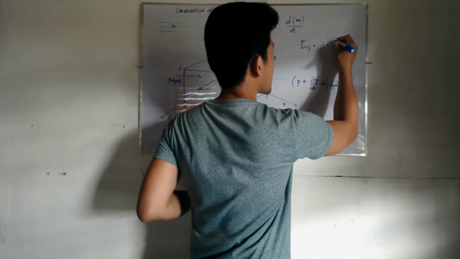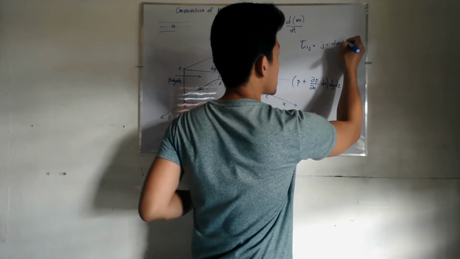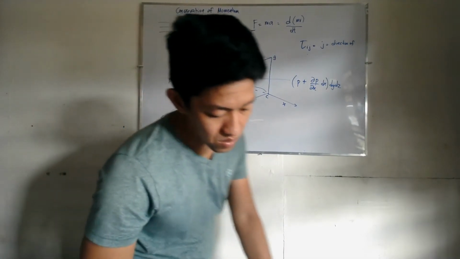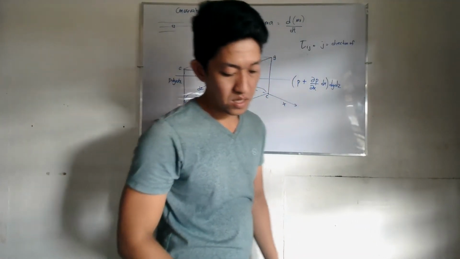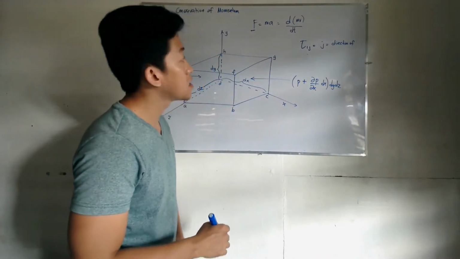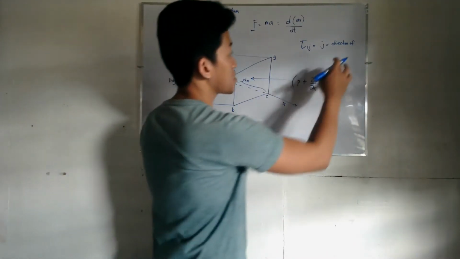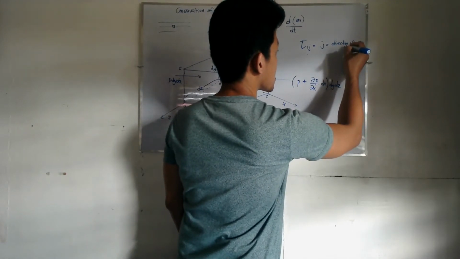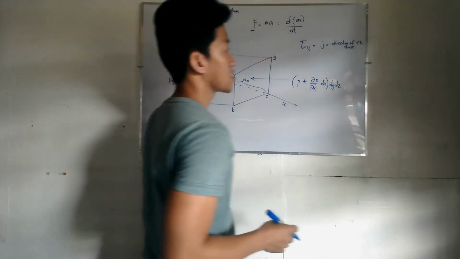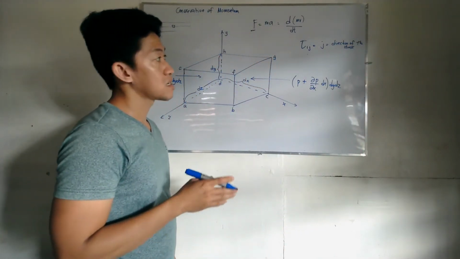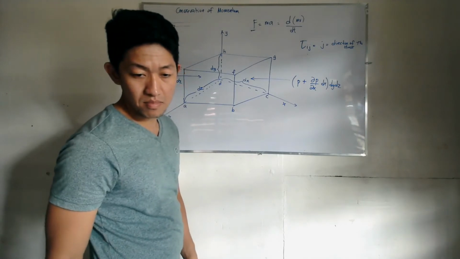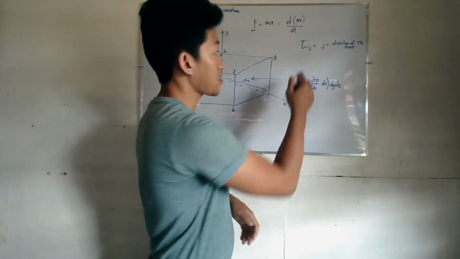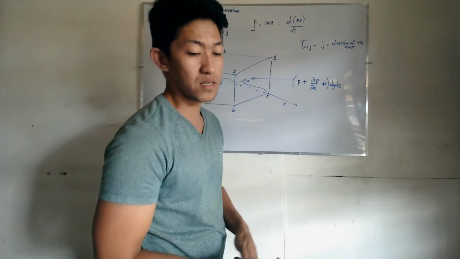The j is the direction of the stress. Okay, so this is the notation for our shear stresses.